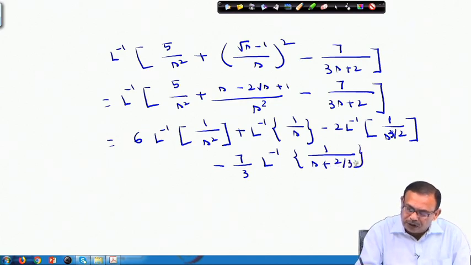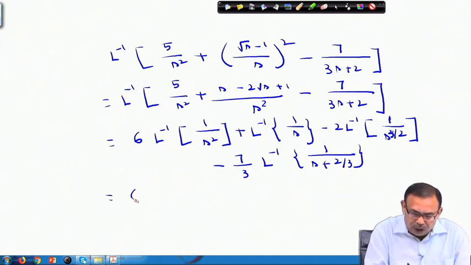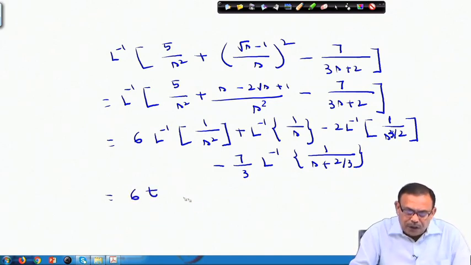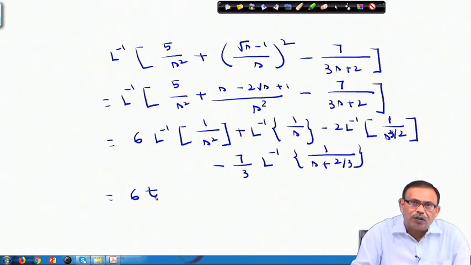Actually, I have written it in such a fashion so that directly now you can write down the corresponding function. Just like if you see 1 by s square, it is the Laplace transform of which function, that I have to write down. If you take the function t, its Laplace transform is 1 by s square. Therefore, inverse Laplace transform of 1 by s square is 6t.